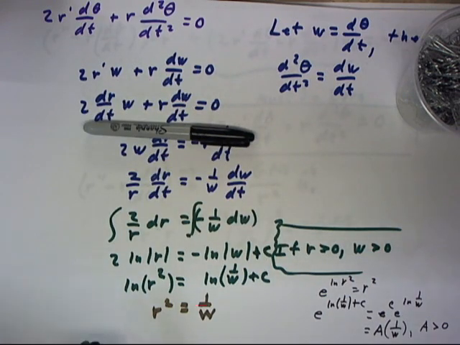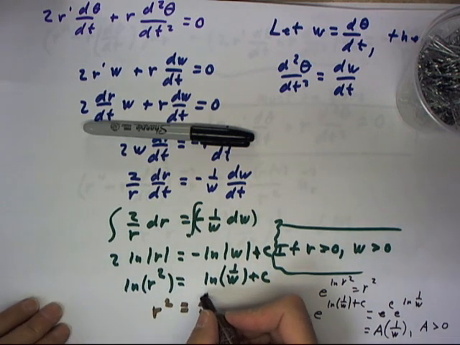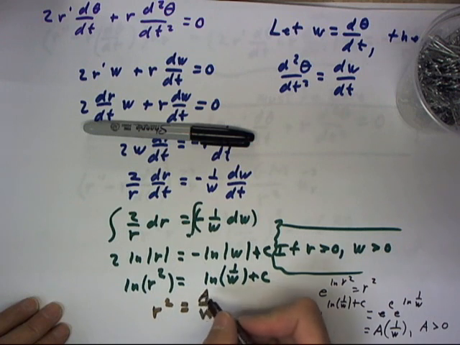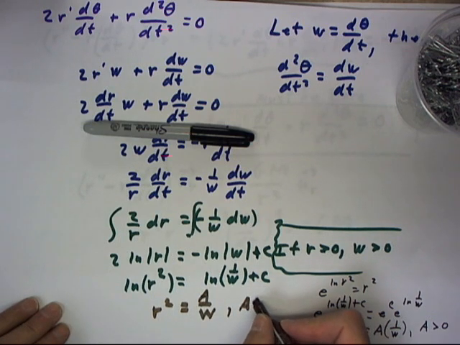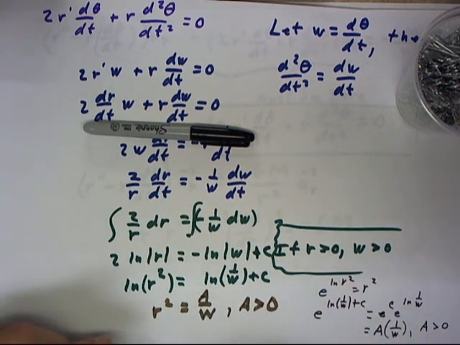So we're going to get r squared equal not to 1 over w, but a times 1 over w, and I'm going to change that to a over w with the proviso that a is greater than 0.